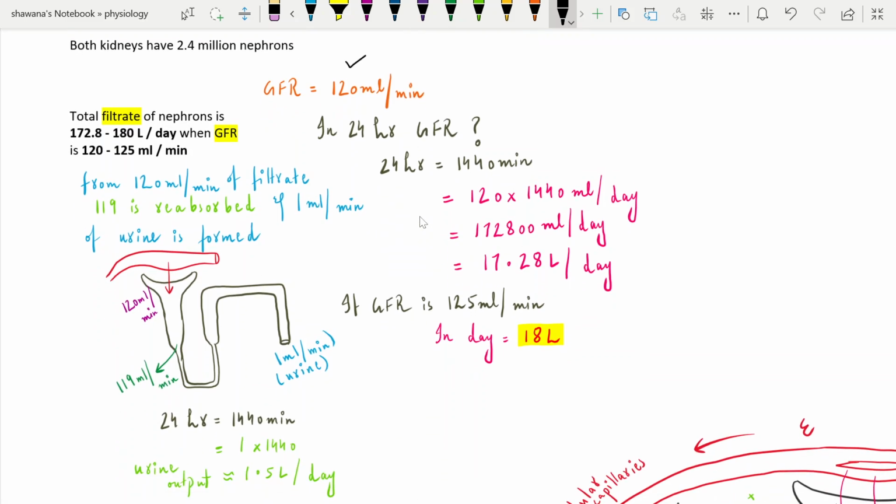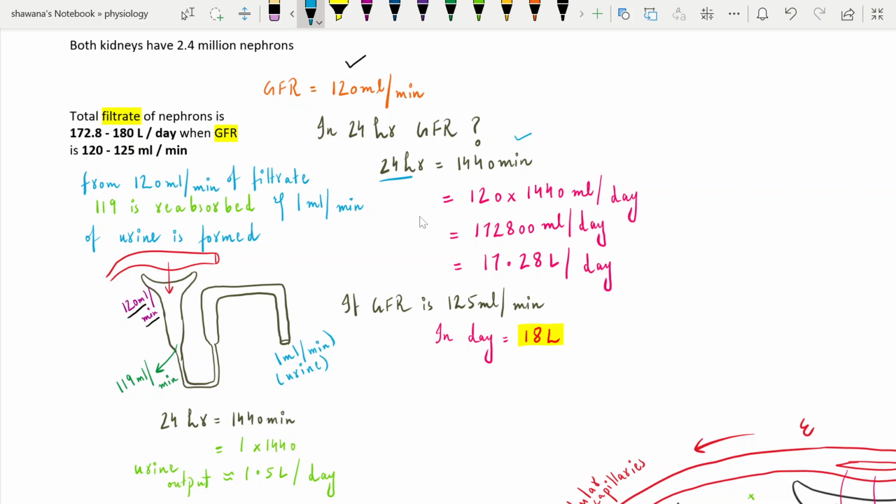In this diagram you can see that the filtered stuff that appears in the Bowman space is 120 ml per minute, and in some persons it can be estimated as 125 ml per minute. But if we want to calculate the GFR in 24 hours, what should we do? 24 hours contain 1440 minutes.